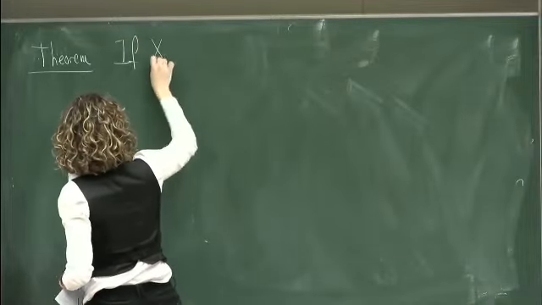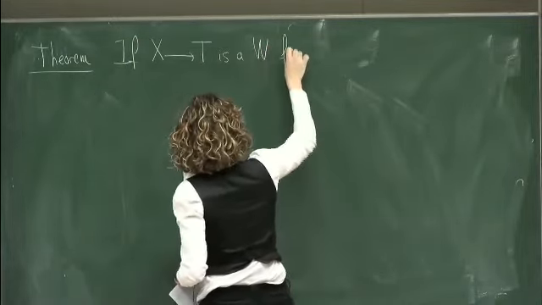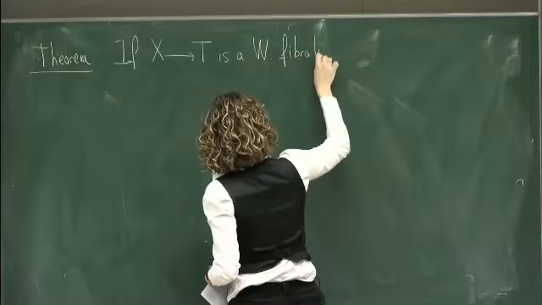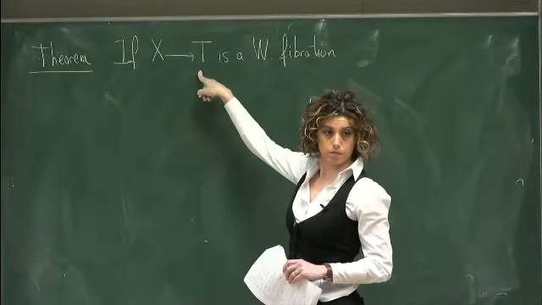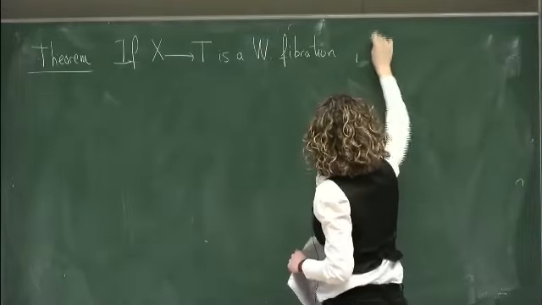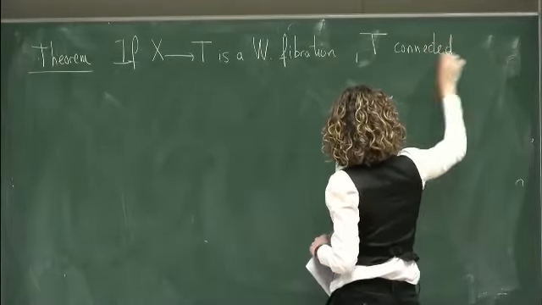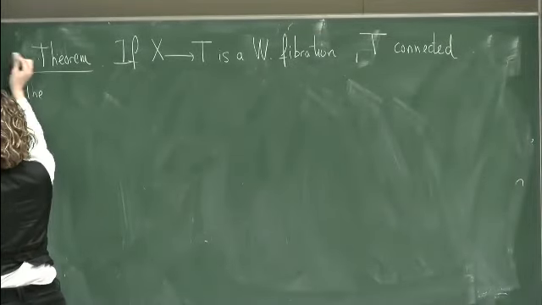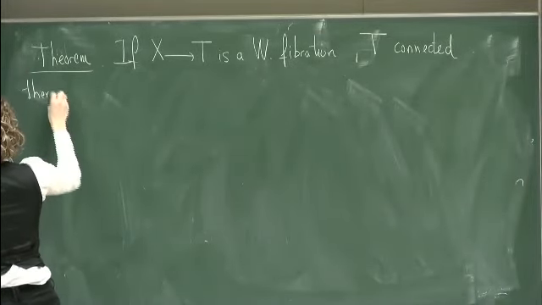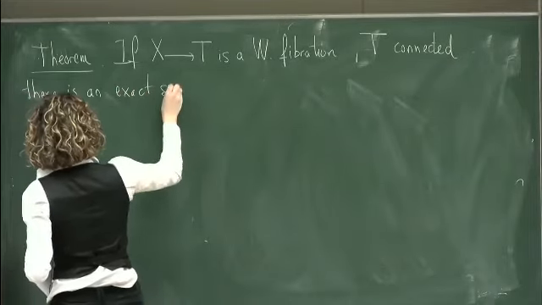If X over T is a Weierstrass fibration, I have to assume that the base is connected. Okay? T connected. Then there is a sequence like this one.